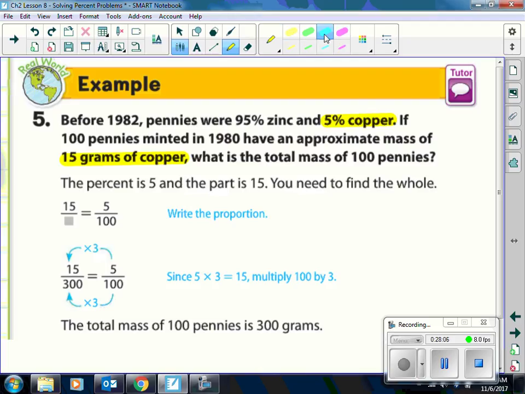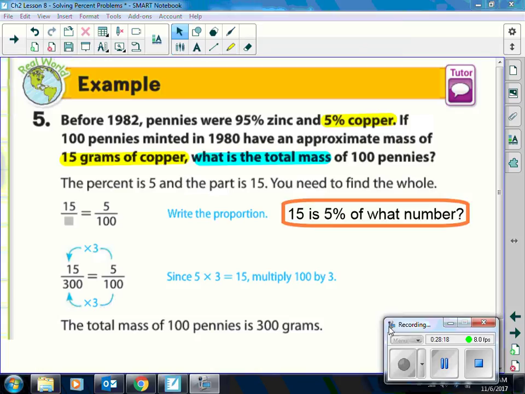So that is our of number. So we want to know 15 is 5% of what number? So you can see that you can simplify a word problem just by writing your what number is question. So 15 is 5% of what number?